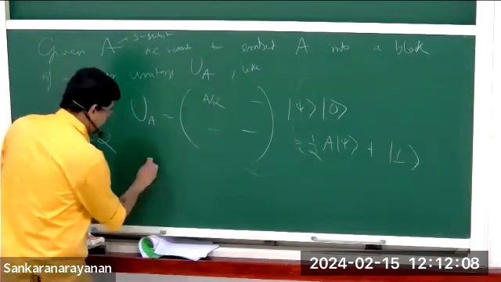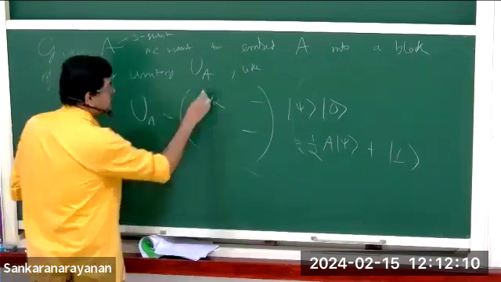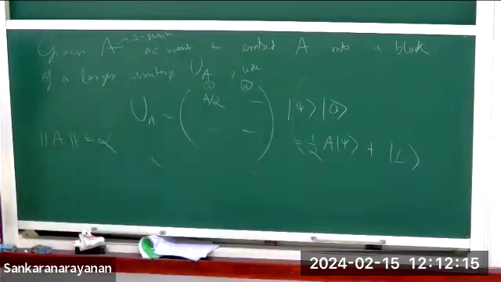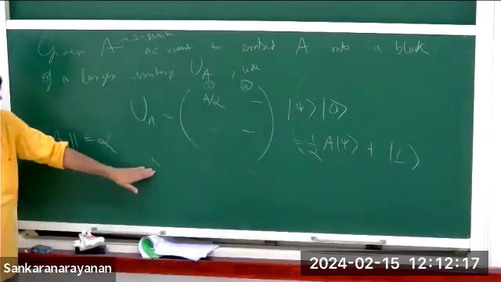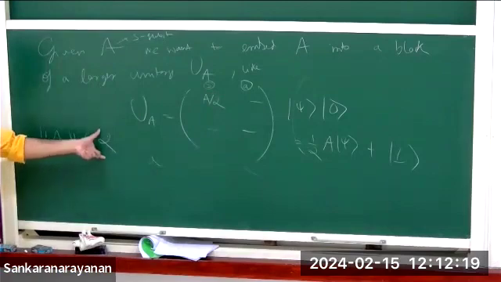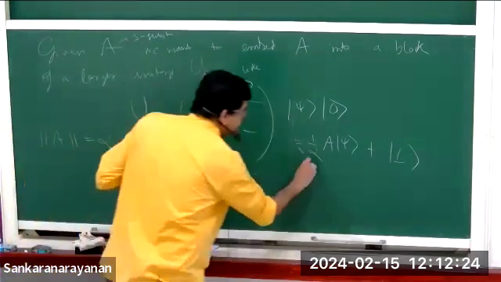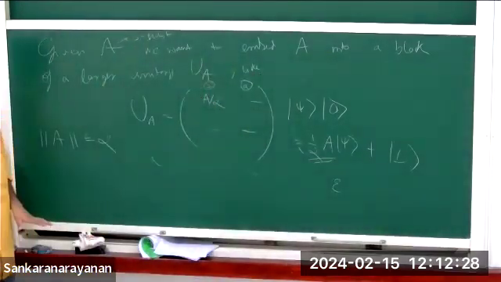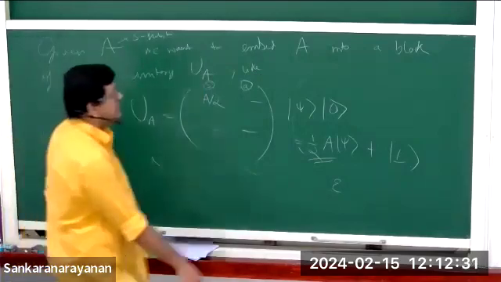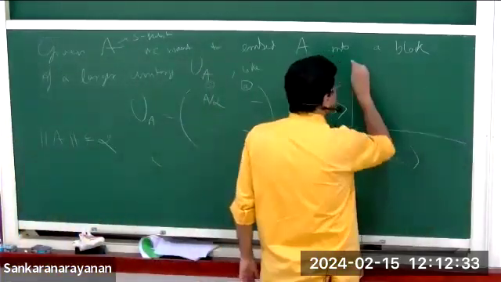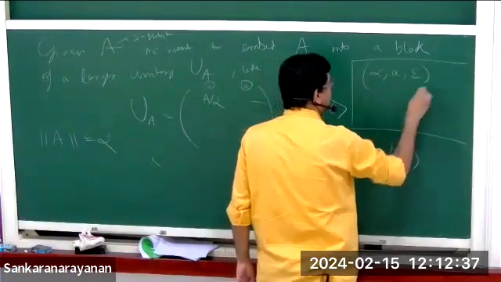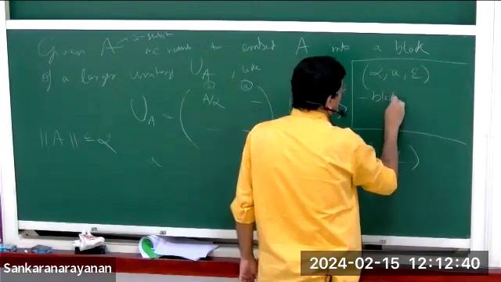Let's say U_A takes A ancilla qubits and uses the normalization factor alpha and implements this with error epsilon, which I will get to what error epsilon means. Then U_A is called an (alpha, a, epsilon) block encoding.